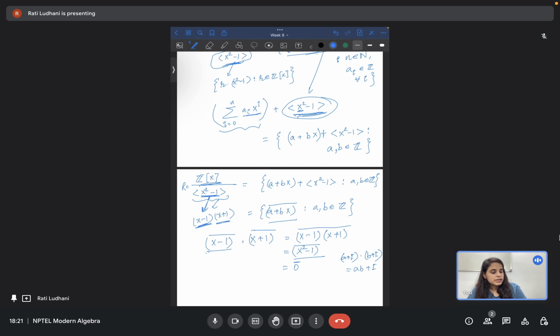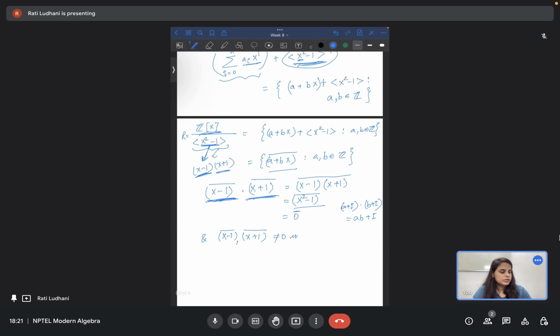And if you see, this element is non-zero in this ring, and this is also non-zero in this ring, because these are not multiples of x square minus 1. So x minus 1 and x plus 1 are non-zero in R, but their product is zero, so R is not an integral domain.